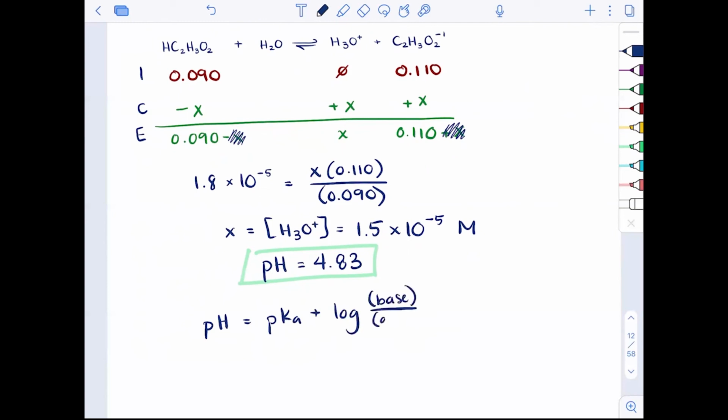Utilizing our new concentrations after the sodium hydroxide reacted, we would see 4.74 plus log of 0.110 over 0.090. The pH, again, 4.83. Same calculation, whichever one you want to do.